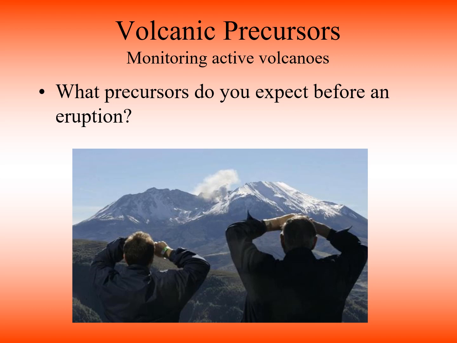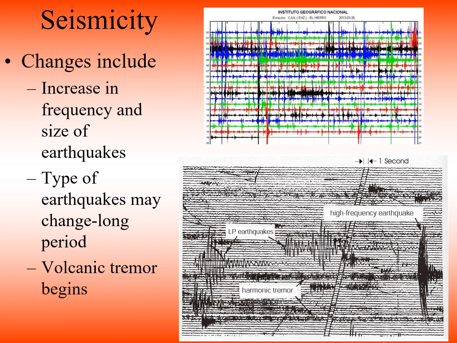So what are some of the precursors? We're going to do an activity in lab monitoring active volcanoes. We'll talk a little bit about precursors, but I'll give you an overview here. The first thing to look out for with a potential volcanic eruption is a change in seismicity, or earthquakes.